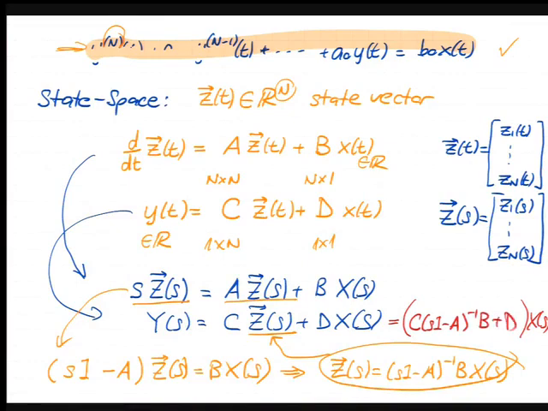Plus d. All right? So simple. We found the answer. So if instead of giving you an nth order differential equation, I can give you a state space equation, ask you what the transfer function is. This is how you do it.